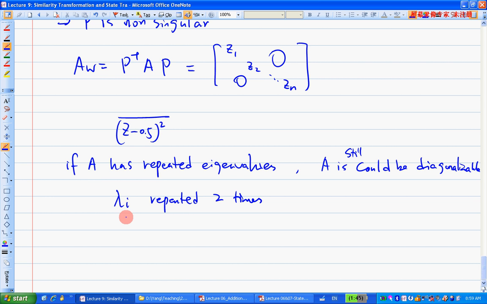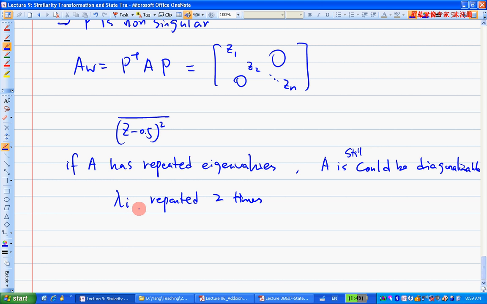How many eigenvectors correspond to lambda i? There is a possibility that for one eigenvalue repeated twice, there are 2 eigenvectors associated with lambda i, and the 2 eigenvectors are still linearly independent. Linear algebra, that's possible, right?